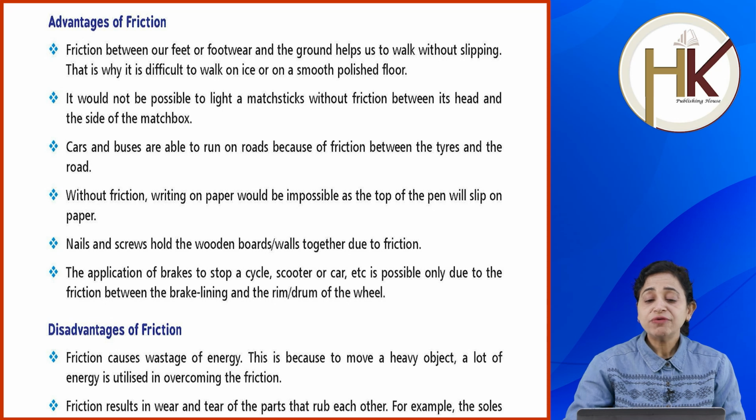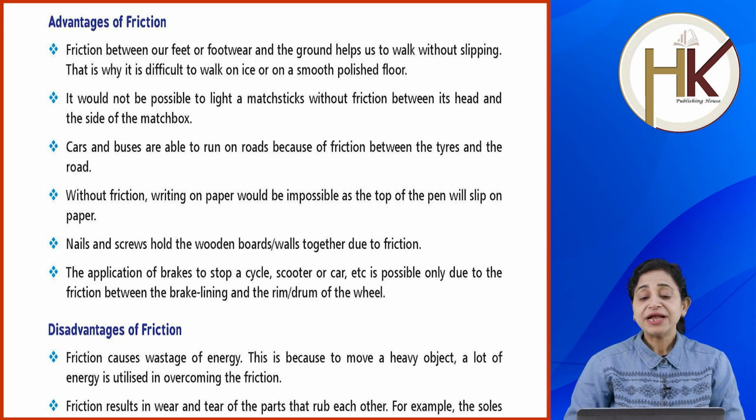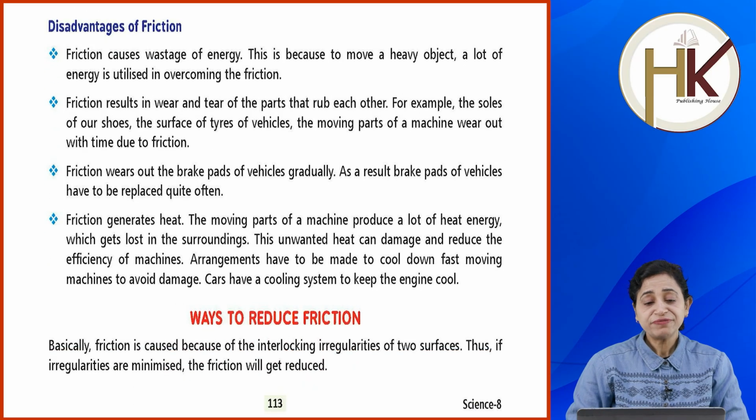The application of brakes to stop a cycle, scooter or car, etc. is possible only due to the friction between the brake lining and the rim or drum of the wheel. Disadvantages of friction. Friction causes wastage of energy. This is because to move a heavy object, a lot of energy is utilized in overcoming the friction.